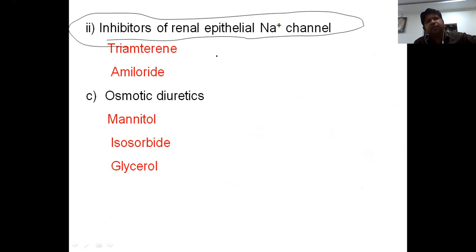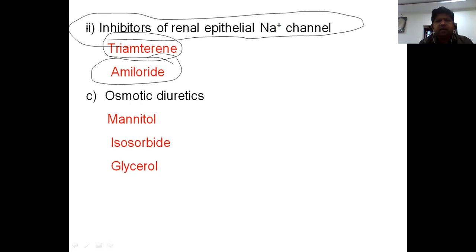So here sodium reabsorption from the lumen into the epithelial cell will be blocked by these drugs: triamterene and amiloride. These two drugs are going to inhibit the renal epithelial sodium channel. Thereby sodium reabsorption at the collecting duct is blocked, and thereby potassium excretion is also blocked. Potassium is also not excreted. Am I right? So thereby you can conserve potassium.